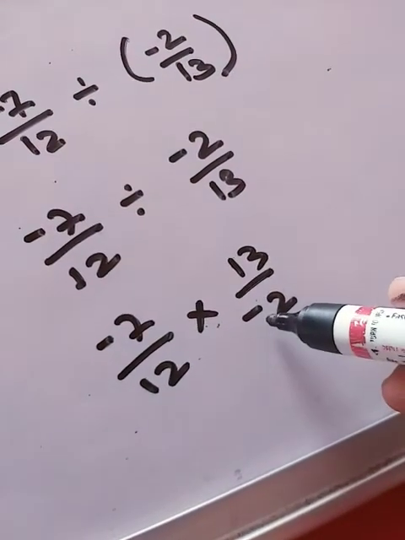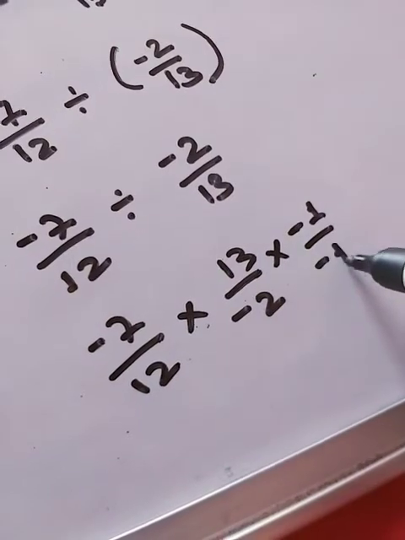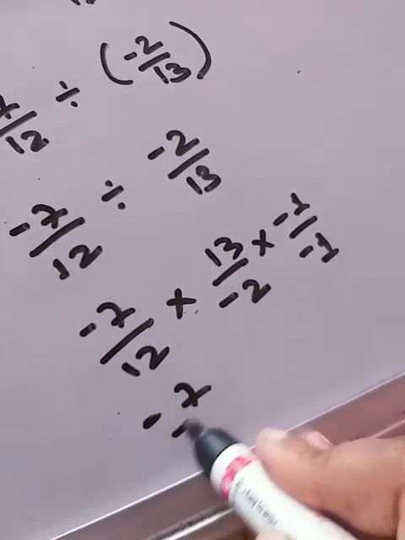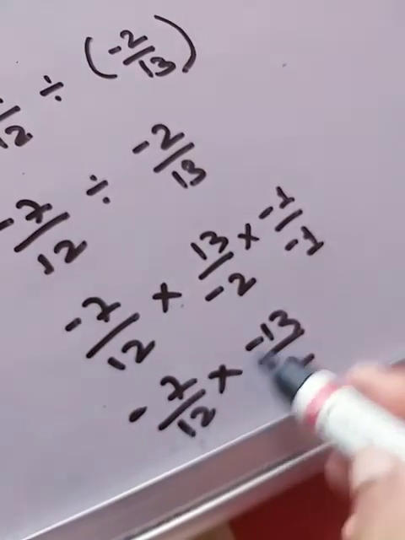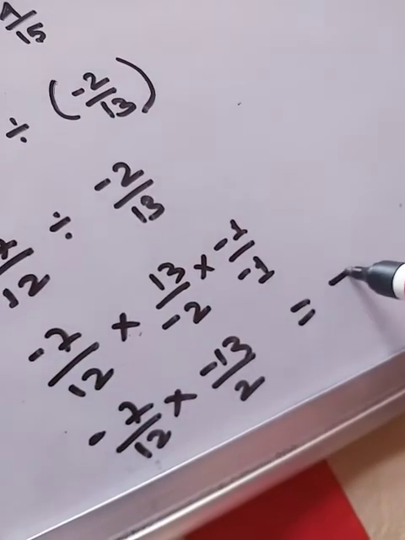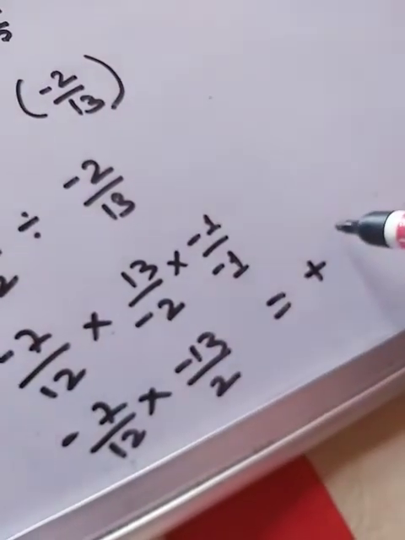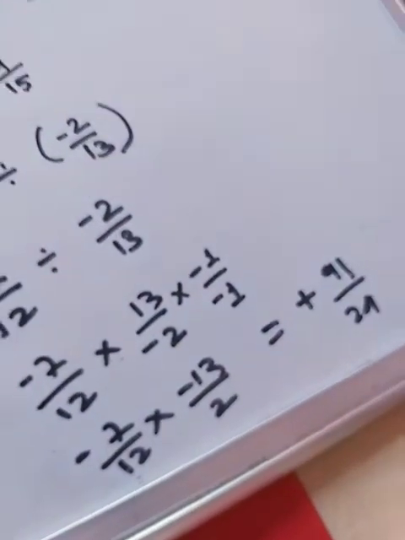Again we see that the denominator carries the minus sign, so we multiply by minus 1 over minus 1. So what is the answer then? Minus 13 by 2. Now you check whether you can reduce or not. I hope you cannot. So minus times minus is plus. 13 into 7 is 91. 12 twos are 24. So this is your required answer.